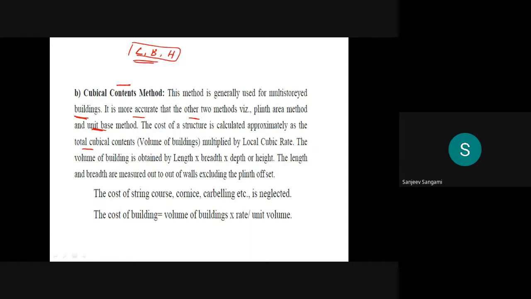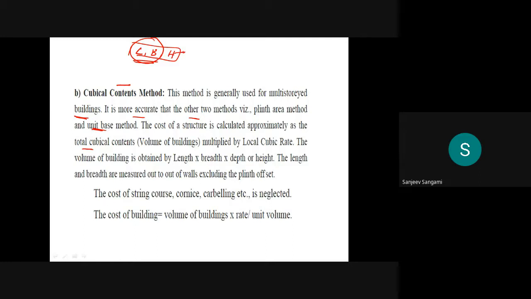But in the first case, you know only these two. In the plinth area method, we know only the area, but what happens to the height of the building? That has to be taken care of, because if plus or minus changes happen in height, it is going to affect our approximate rate.